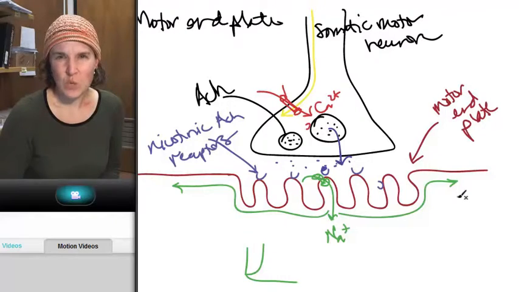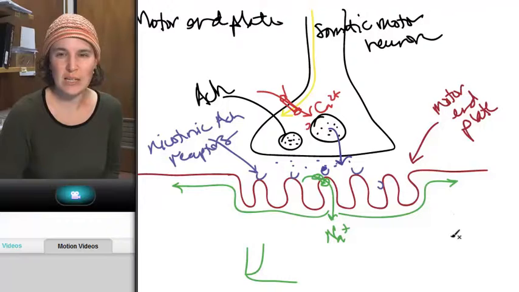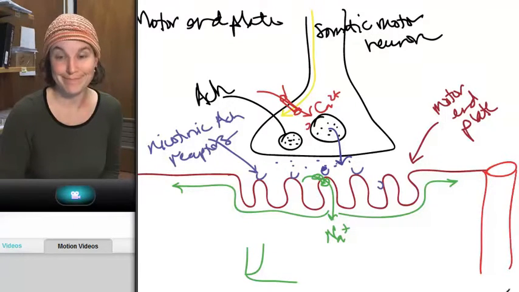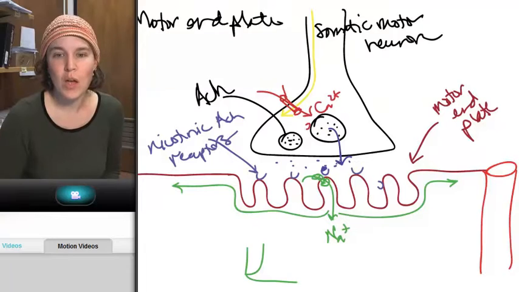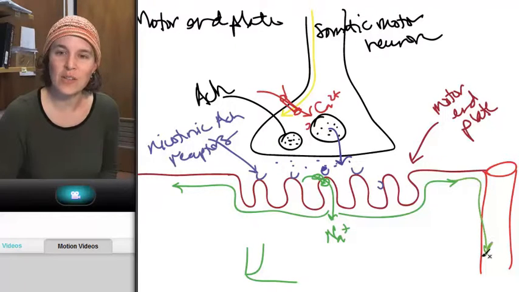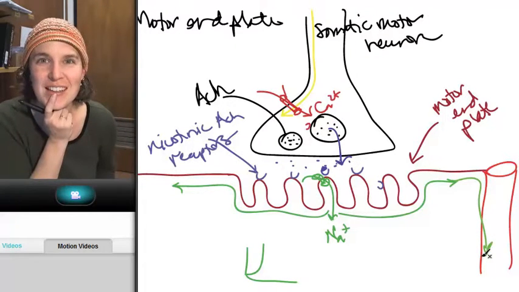What was one of the unique characteristics that we noticed about our skeletal muscle? That depolarization is actually going to head down the T tubules.